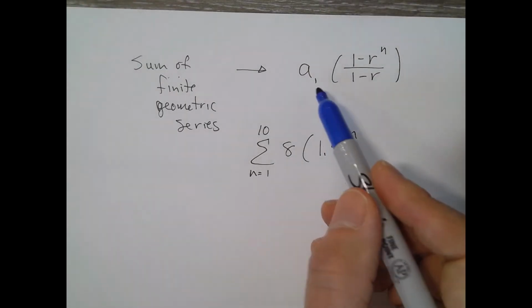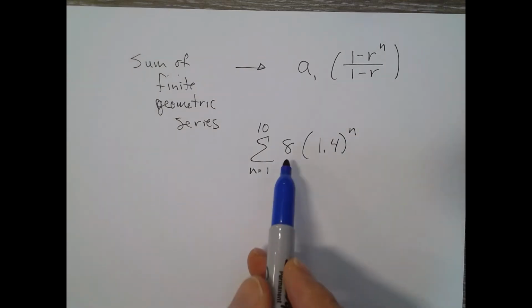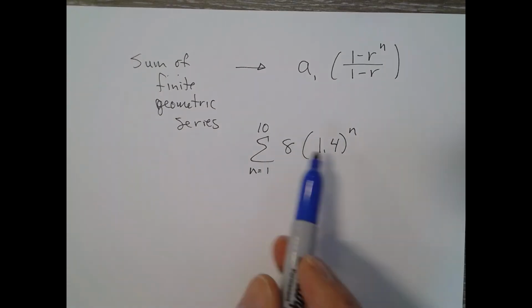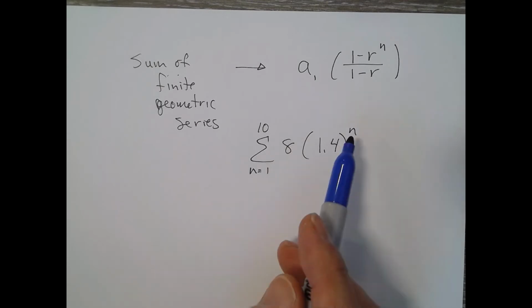Okay, so in this one, what's my first term? It looks like it's 8, right? Except if you plug in 1, that's not going to get you 8 because it's not n minus 1.